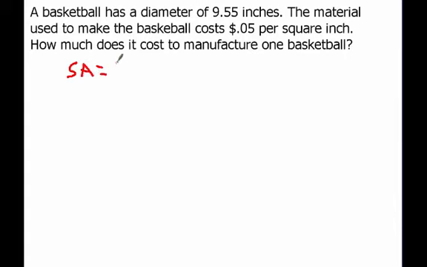We know our surface area formula is 4 times pi times r squared. Now, this problem adds one extra layer of complexity in that they give us the diameter. If you remember back to circles, the diameter equals 2 times the radius.